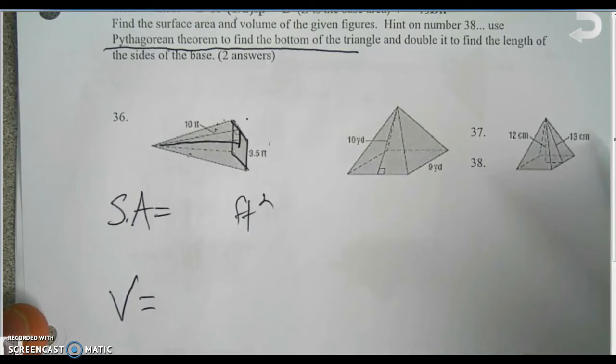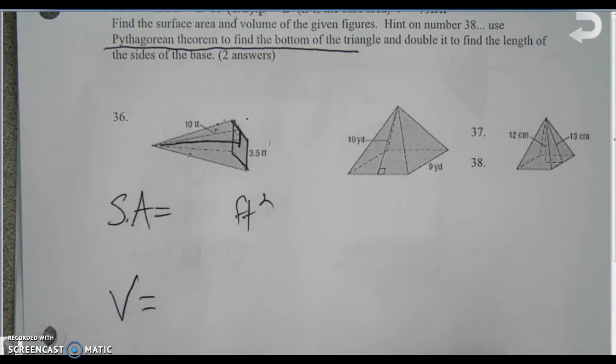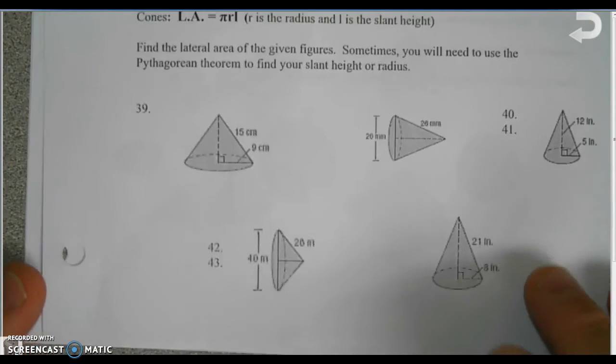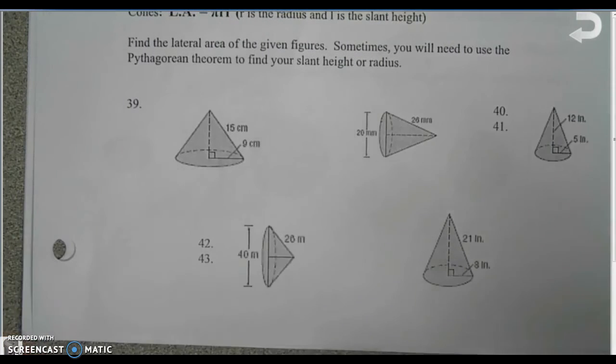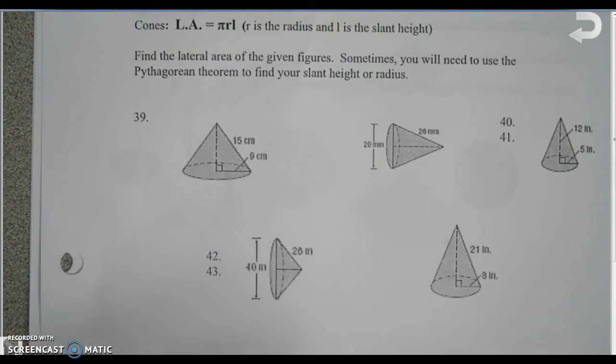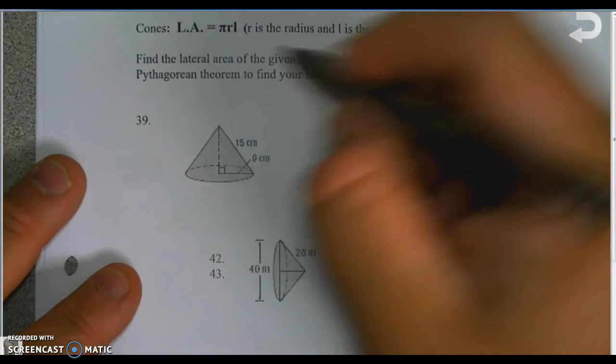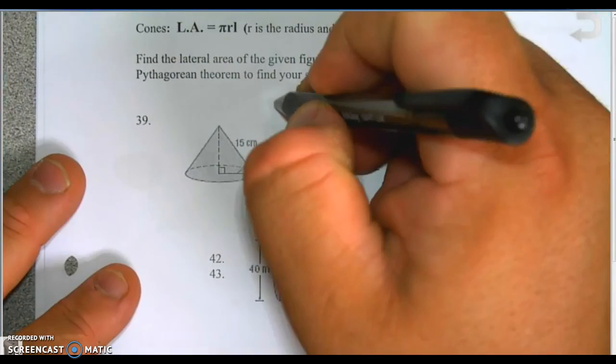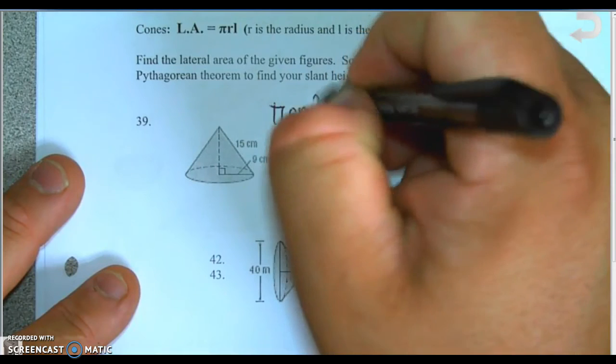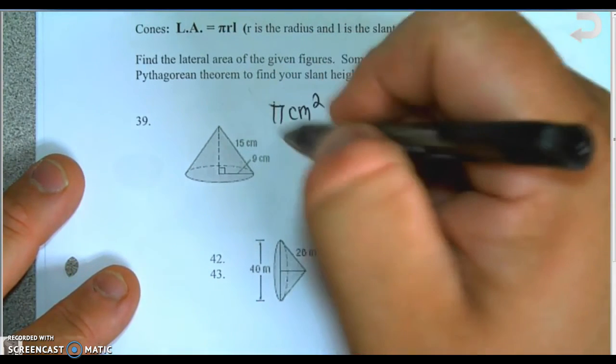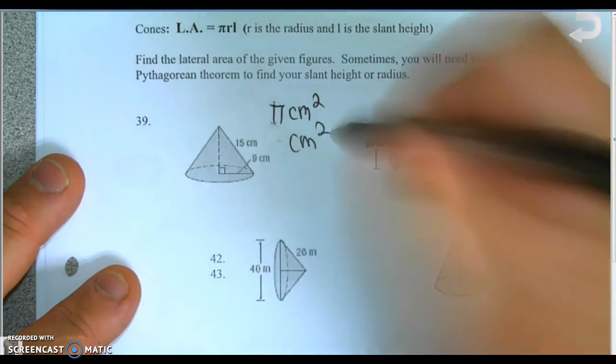So 36, 37, 38, the cones, are really easy. Lateral area is pi times the radius times the slant height. Again, you might have to do the Pythagorean theorem if you're trying to find the slant height or the radius or one of the pieces that you're missing. Your answer is going to be 2 different versions: you'll have pi centimeters squared, and then you multiply whatever number you got by pi so that you have 2 answers.